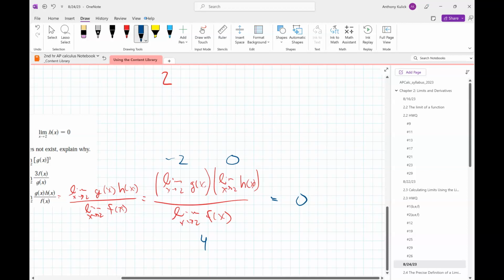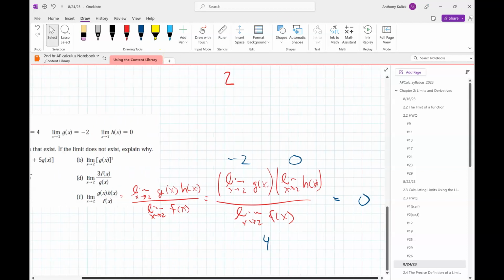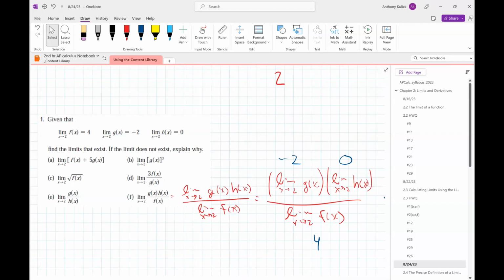Because when I checked the answer key, it had the answers flipped, I'm pretty sure. Oh, really? Yeah, let's look. Yeah, that would be confusing.